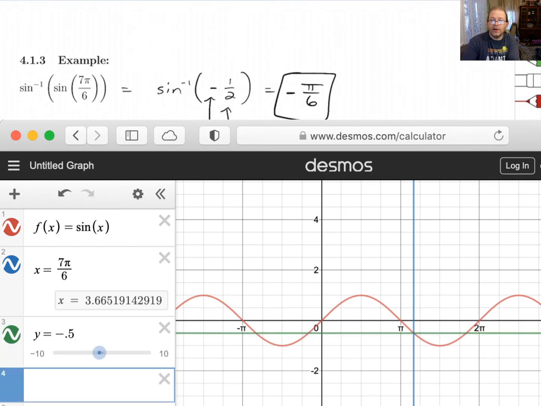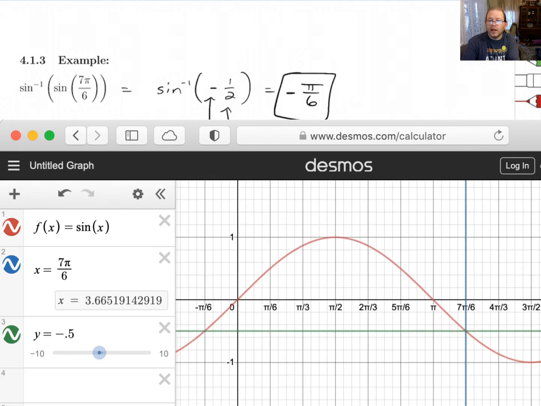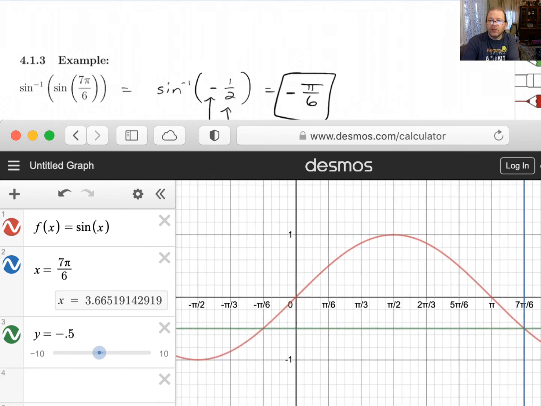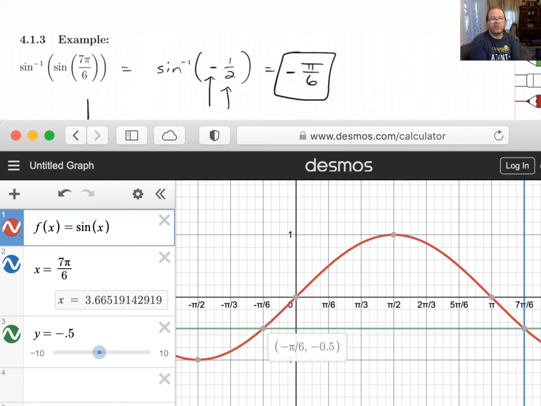So I've got it right there. So what I need to do is come back over here and find where else sine intersects this green line. And it happens right there at negative pi over 6. So that's really what we're doing when we're moving this back, putting the reference angle into quadrant 4.